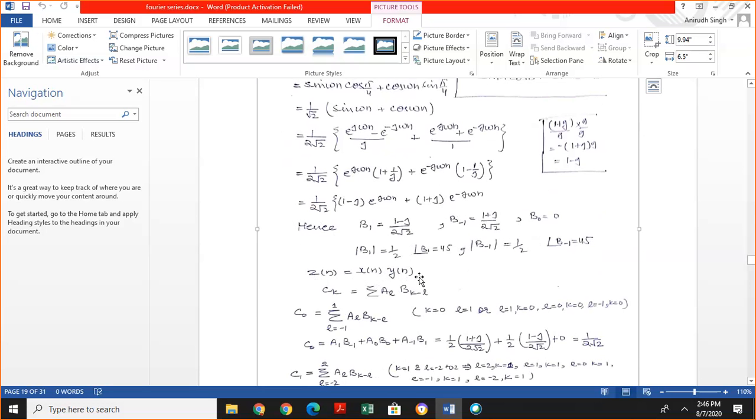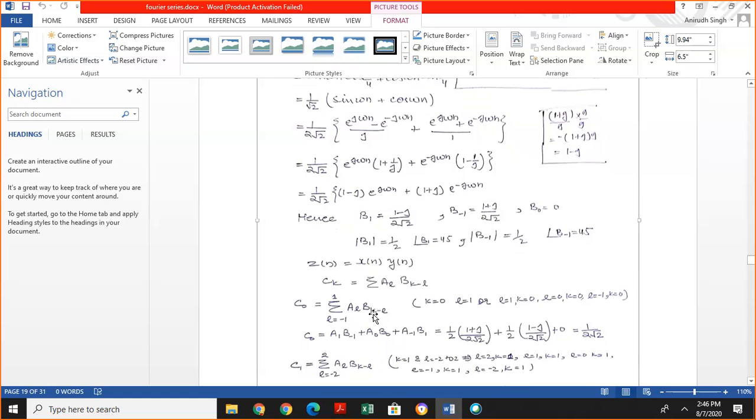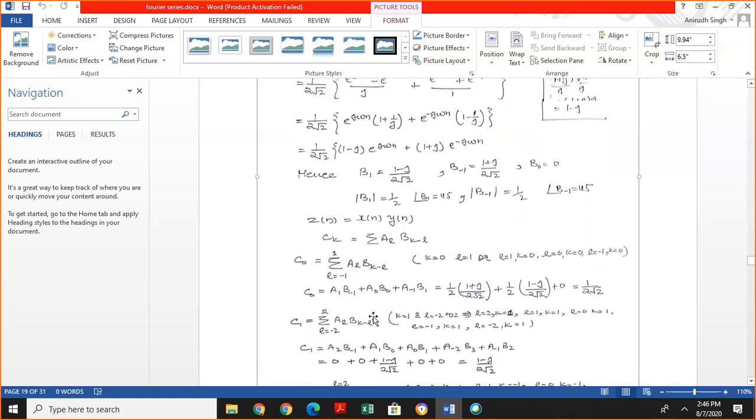Then z of n is x of n times y of n. So the coefficient of z of n is ck, and this is given by this formula, the summation of al b k minus l. Clear?